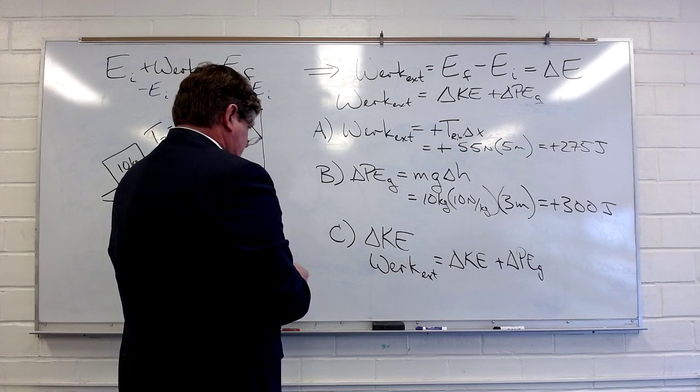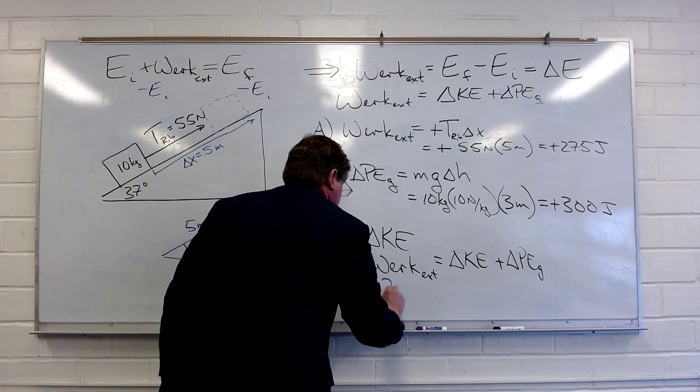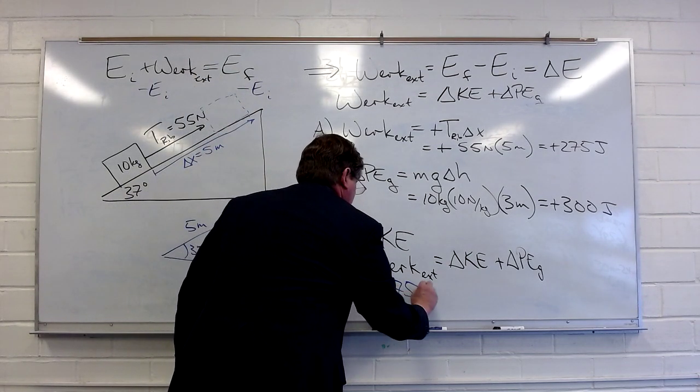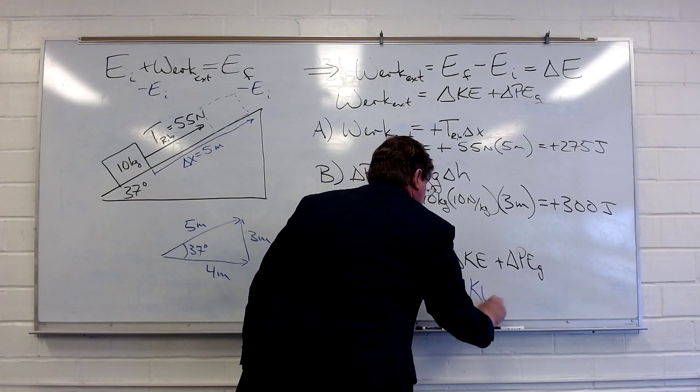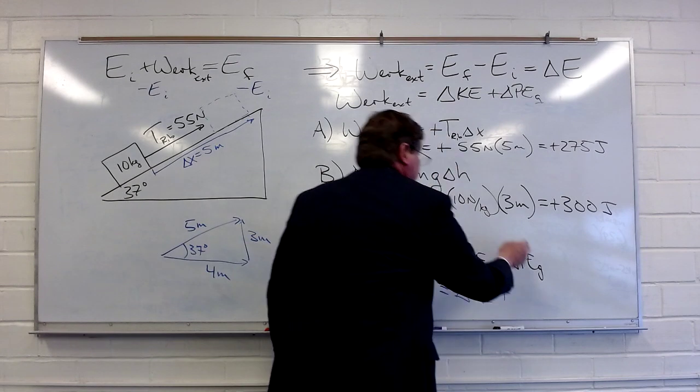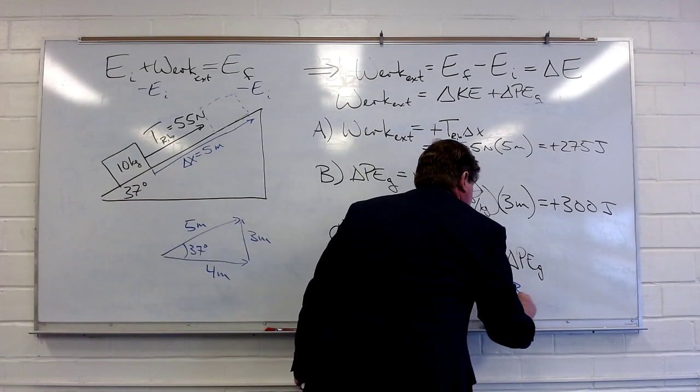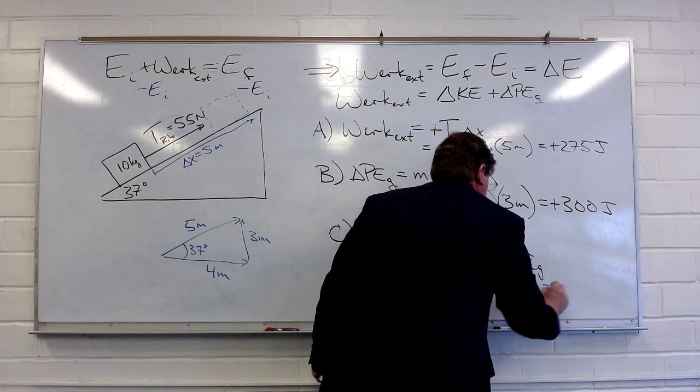The Work, we said, was a positive 275 joules. And the change in gravitational potential energy was a positive 300 joules.